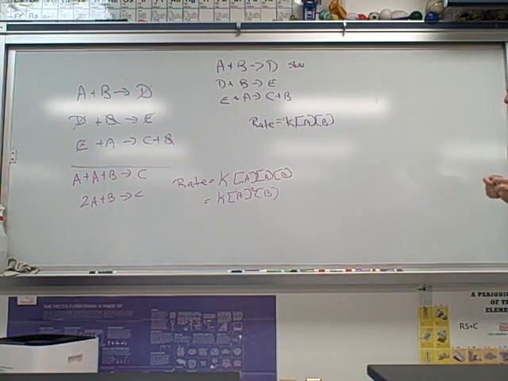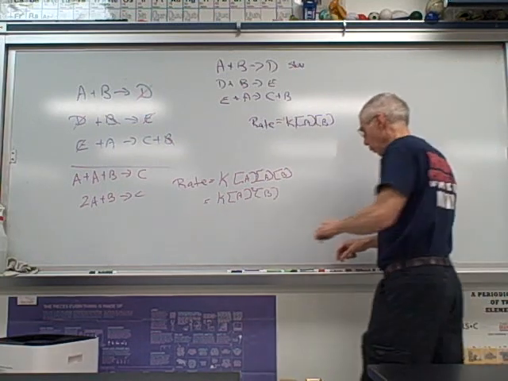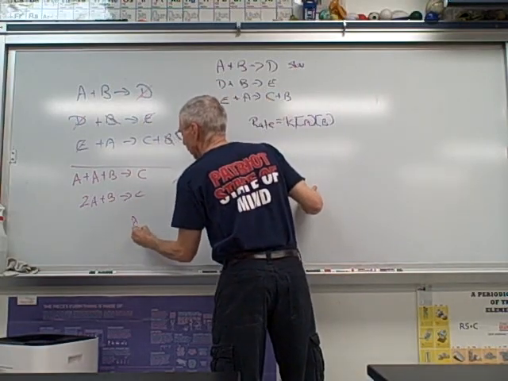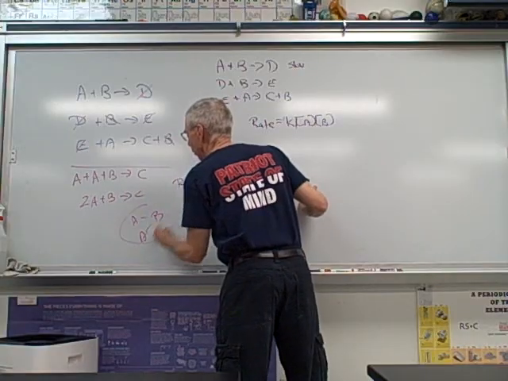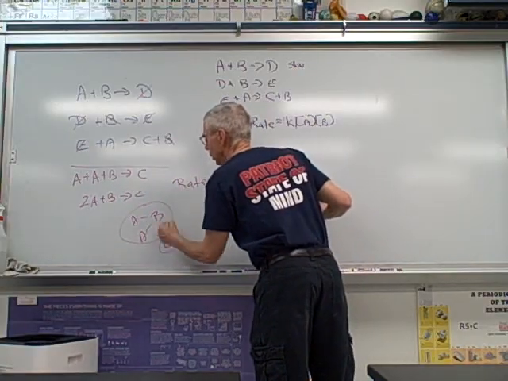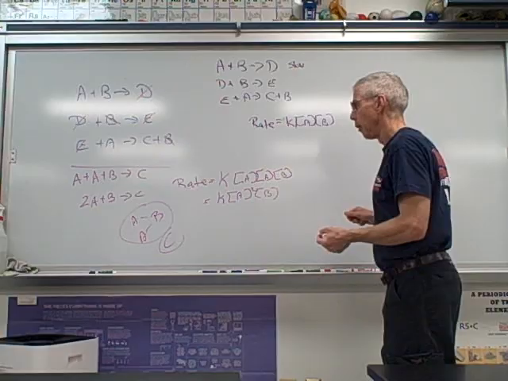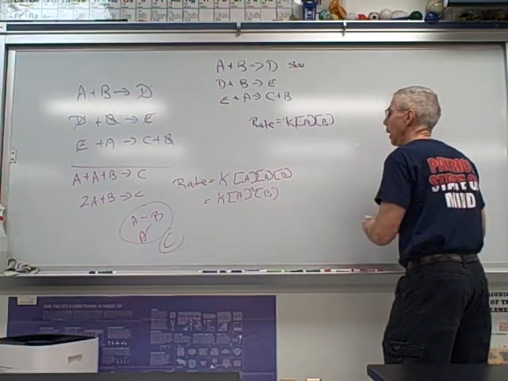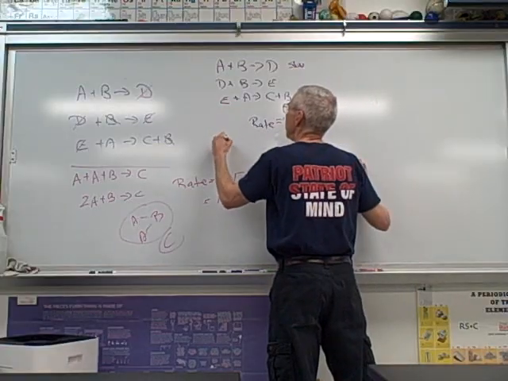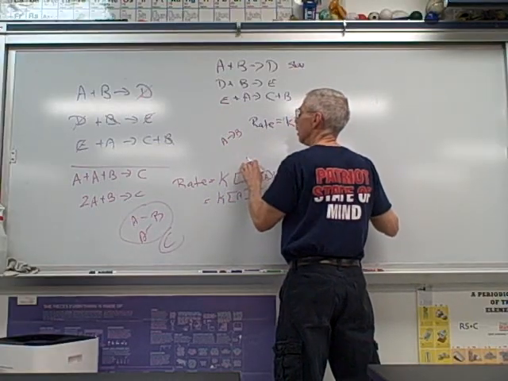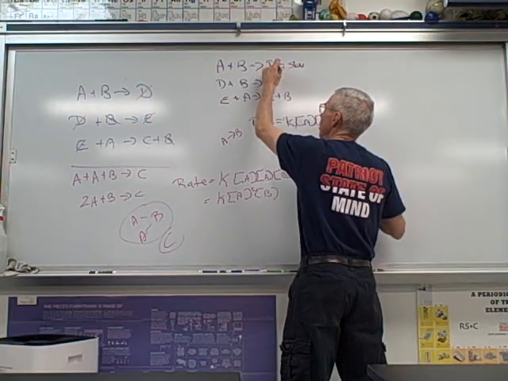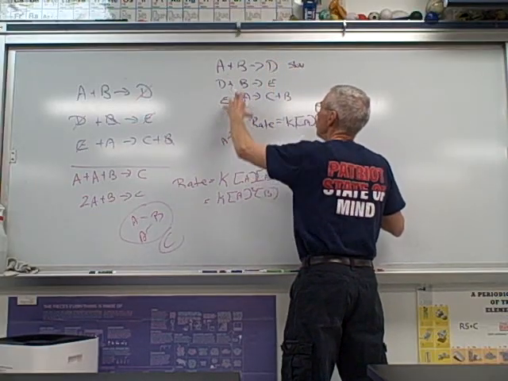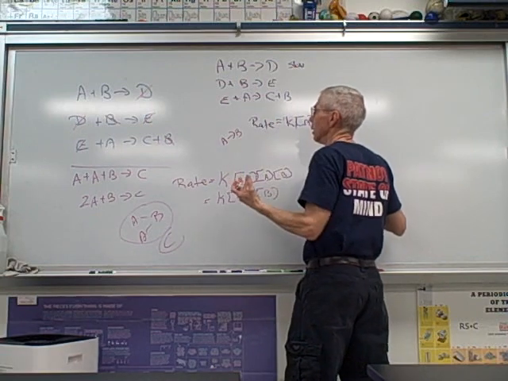So if this were a one-step reaction where two A's and a B came slamming into each other all at the same time and all hooked together and made this C molecule, which is two A's and a B, then this would be the rate. In this case, what we're saying is we have to have an A slam into a B, and that settles in, makes some intermediary, and then the rest of the reaction goes, but the rest of it goes faster.